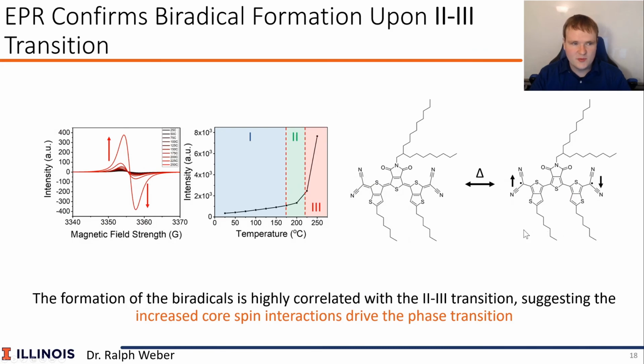And that's exactly what we see. As we increase temperature, we see a substantial increase in the intensity of the EPR signal, suggesting that we're increasing the number of radicals by about 20 times when we form polymorph 3. And so we suggest that as we increase temperature, we're forming more biradical species.